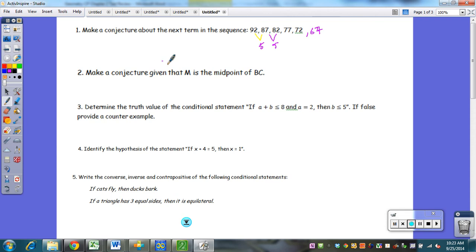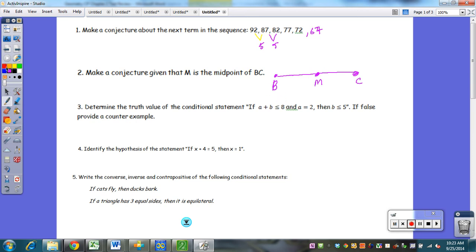So make a conjecture given that M is the midpoint of BC. Okay, so again, if we were just to write a line, and so here's our line, and we have B and C, and then we have this point M, which is the midpoint.